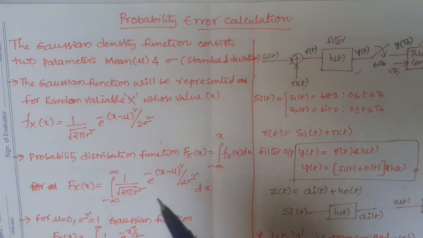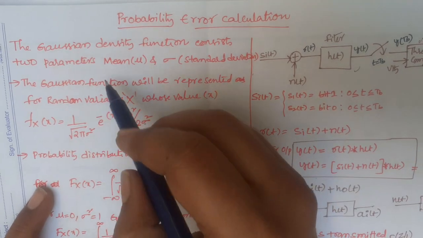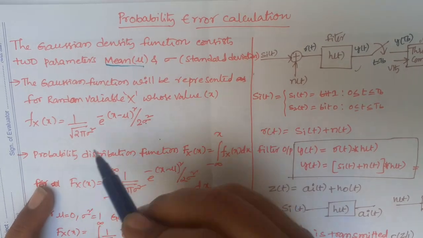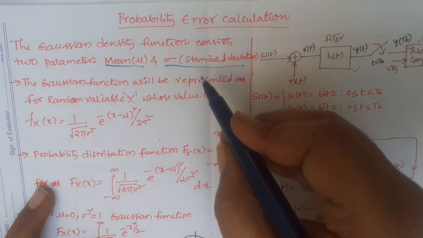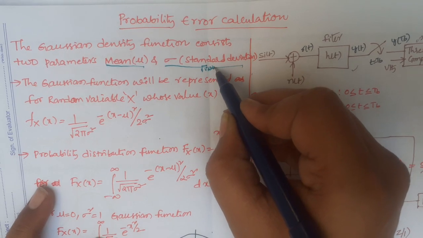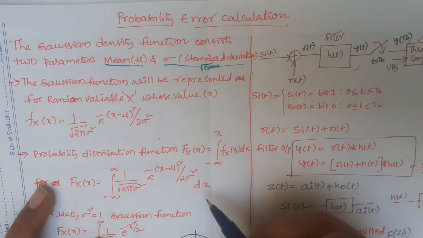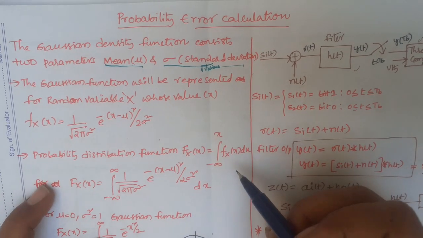We know that the Gaussian density function consists of two parameters: one is the mean, and the other is the standard deviation. The standard deviation is also called the square root of variance.